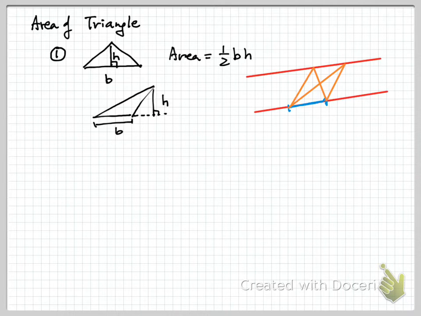All these orange triangles have the same base, the blue line, and they have the same height, the purple line. This is the height, this is the base B. So all these orange triangles have the same area, half BH, provided that the two red lines are parallel.